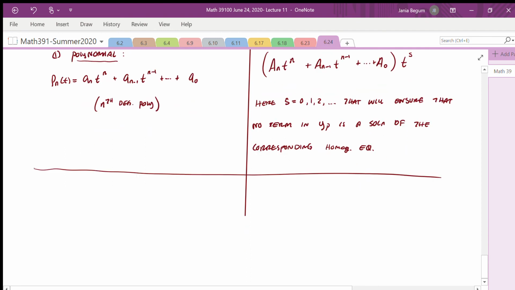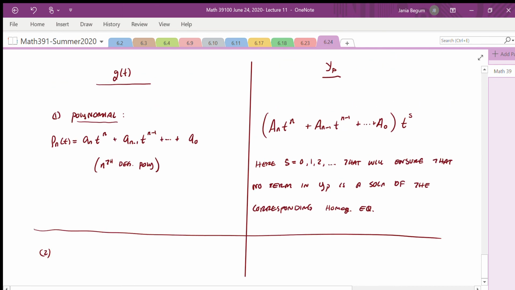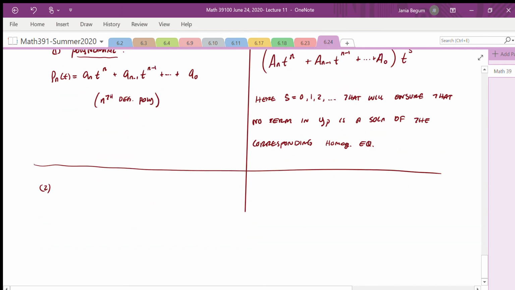When g of t is a polynomial and exponential. So that means the form of g of t you're looking at is some polynomial times e to the alpha t, meaning exponential to some power. Okay?